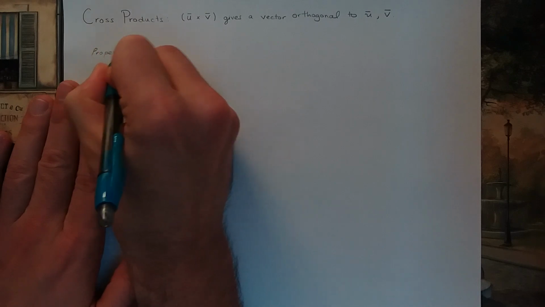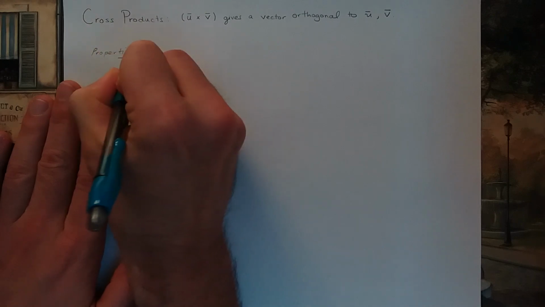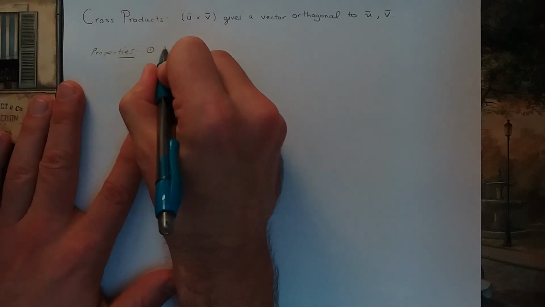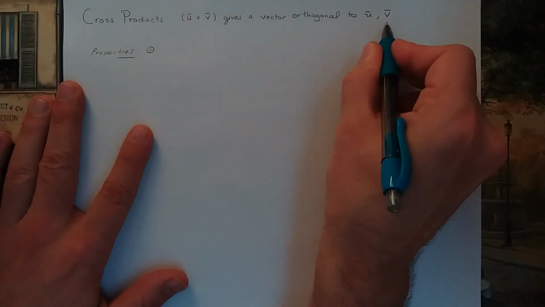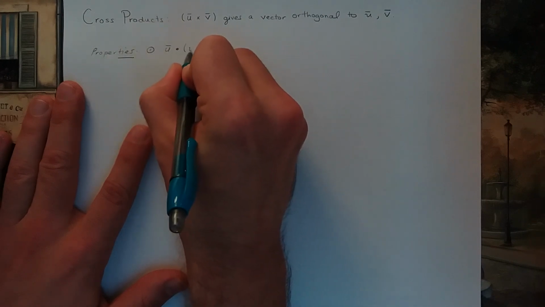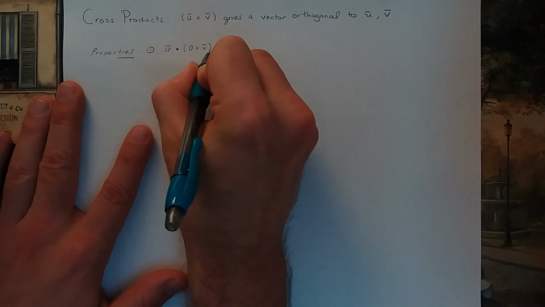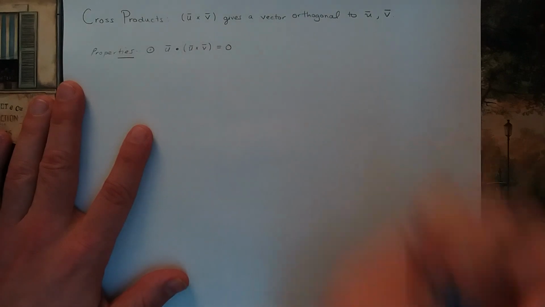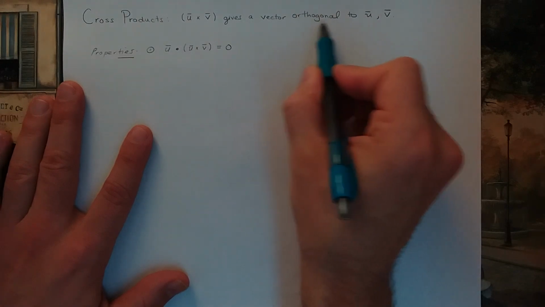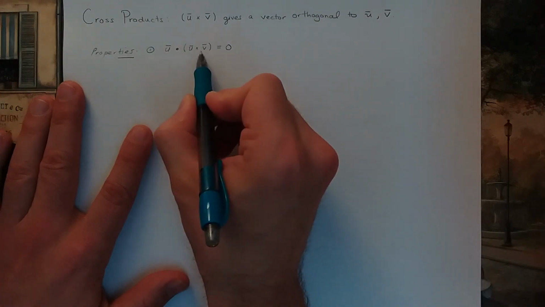So here are some properties of the cross product. Let's start with property 1. Property 1 is basically going to be a restatement of this sentence. If I do the dot product of u with u cross v, then I get 0. That's because the way to decide if your vectors are orthogonal is to take a dot product.